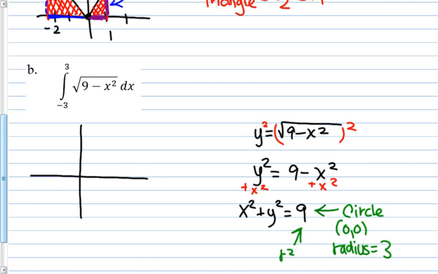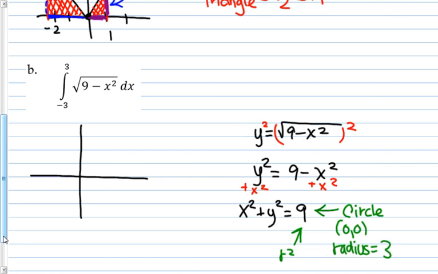Now technically circles are not functions because they don't pass the vertical line test. But when you manipulate it this way, it actually does end up being a function because you end up with only a semicircle. No matter what number of x we put in, it's going to stay on top.